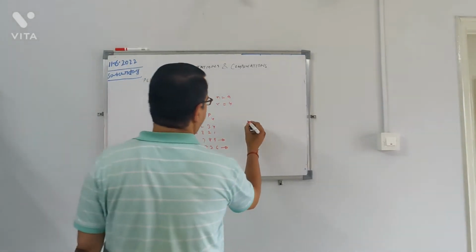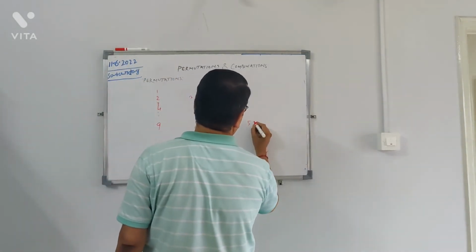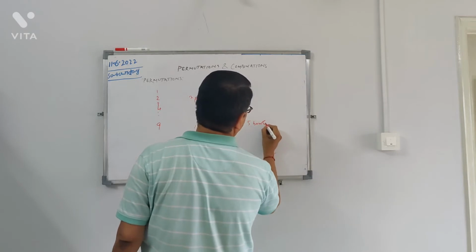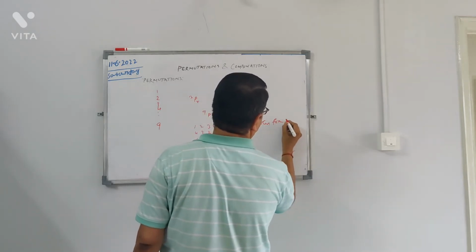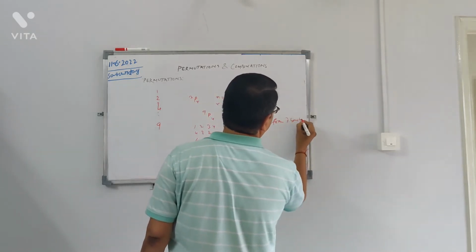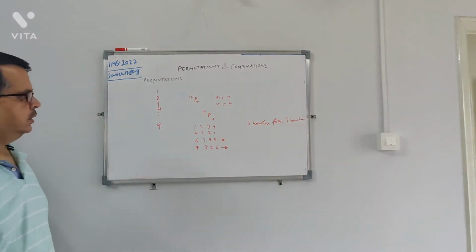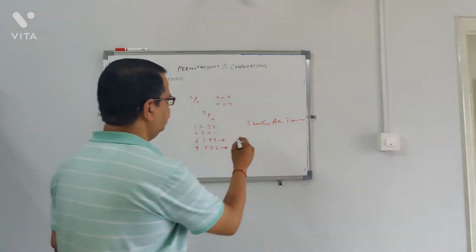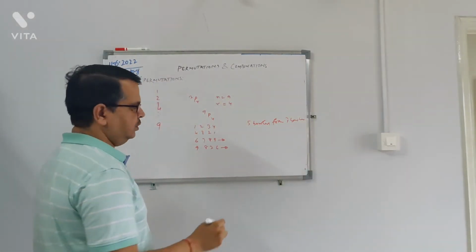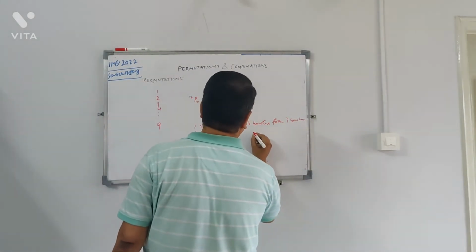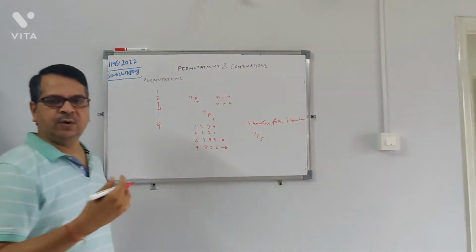I choose 5 bowlers out of 7. Here their order will not matter because they are distinct objects. It's a group. So in that case it will become 7C5. That will be a combination.